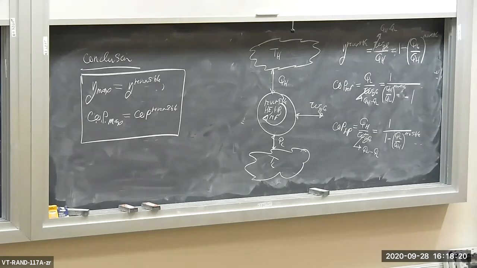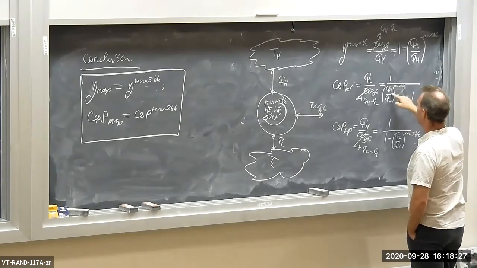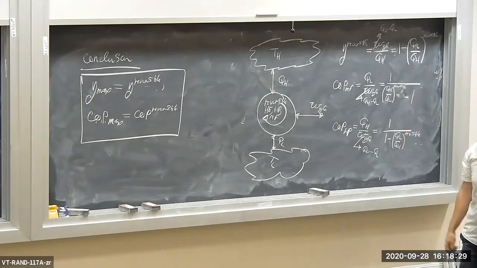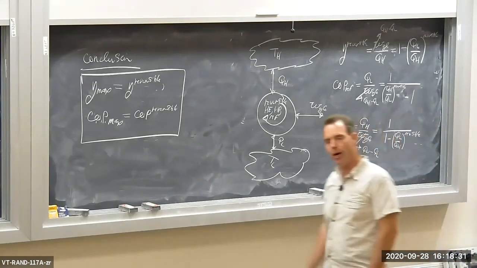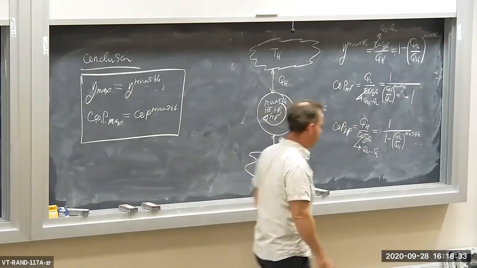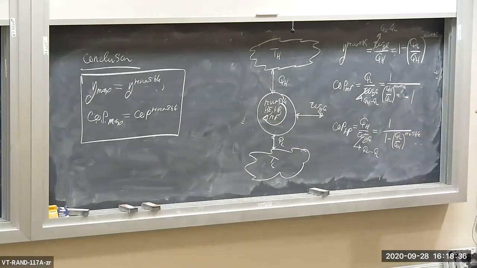So all these coefficients of performance and efficiency have one thing in common. They have the ratios of the heat transfer, either QL over QH or QH over QL for the reversible process. They all involve a ratio of heat transfers.